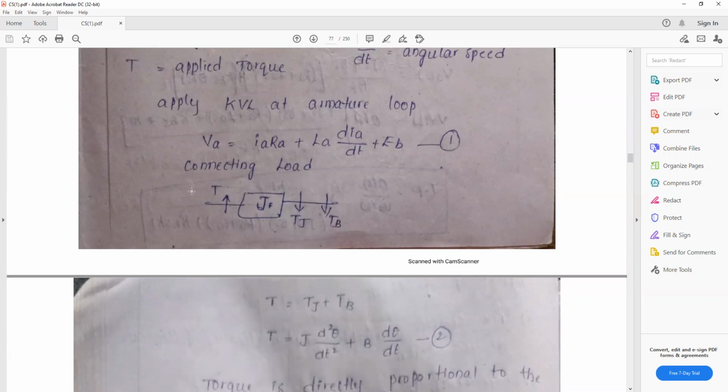Newton's second law states that the sum of applied torques is equal to the sum of opposing torques. So T is equal to Tj plus Tb.